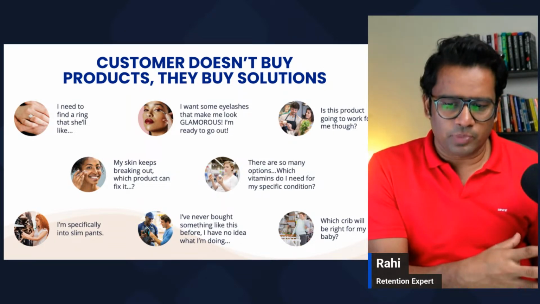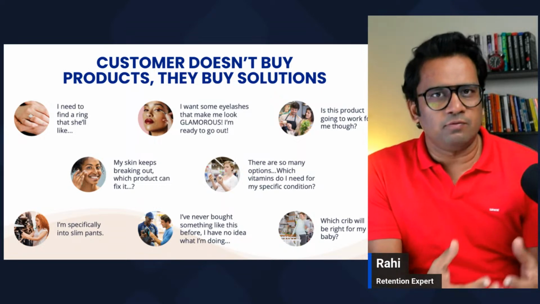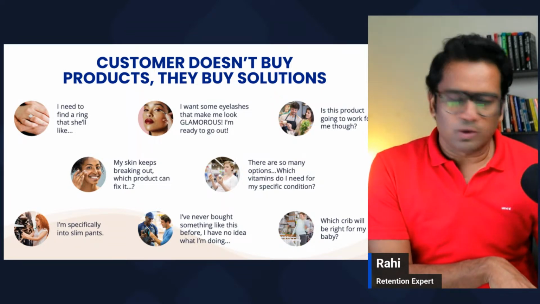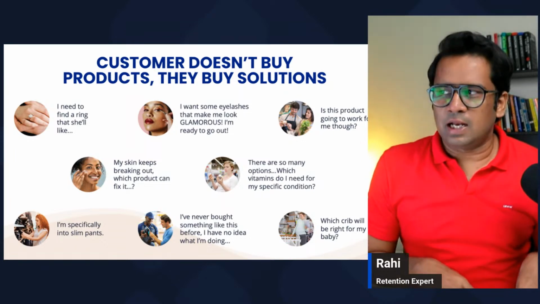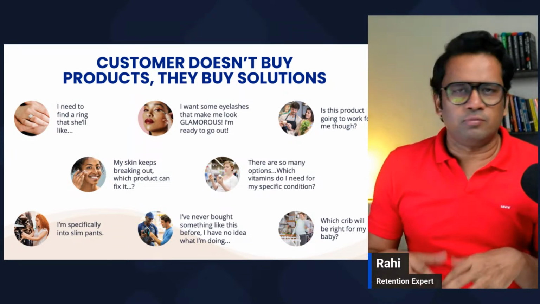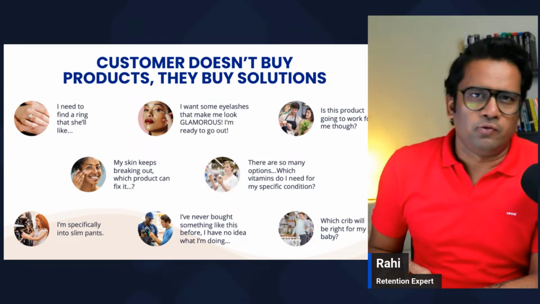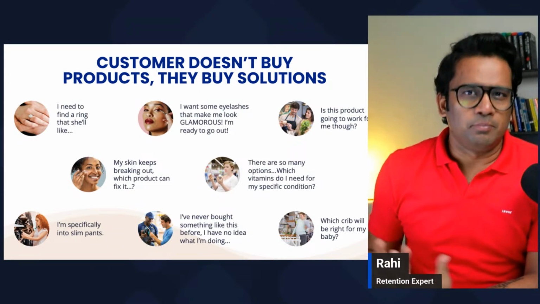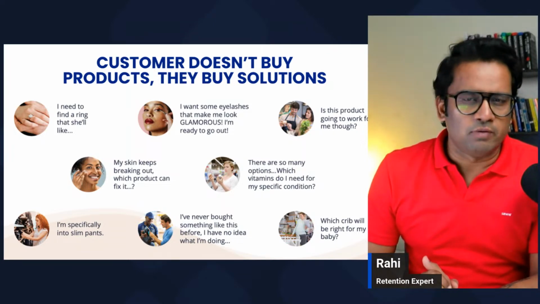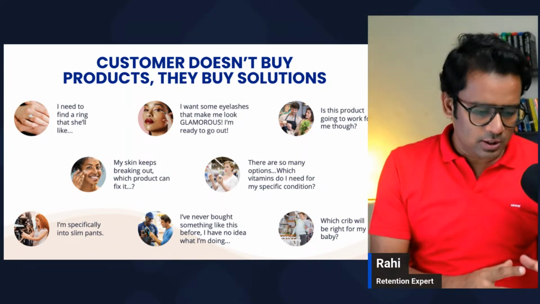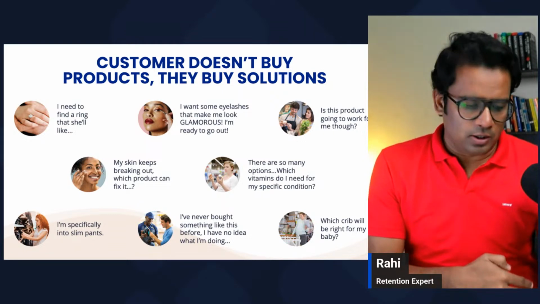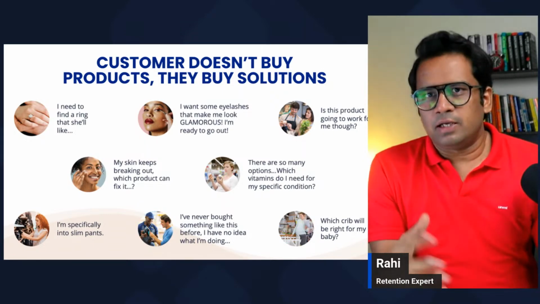Maybe the customer wants to buy a ring for an occasion, or someone wants to prepare for a party or event, or get a makeover for an office, or there is some problem around weight loss or acne, or any other concern they want to solve. The customer wants to say, this is my problem, or this is what I want. Now how can you help me?